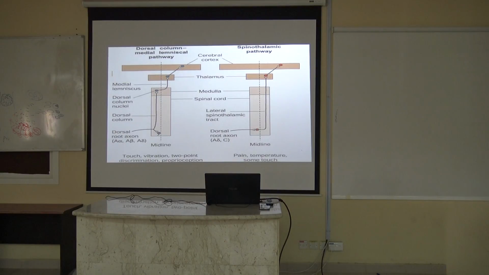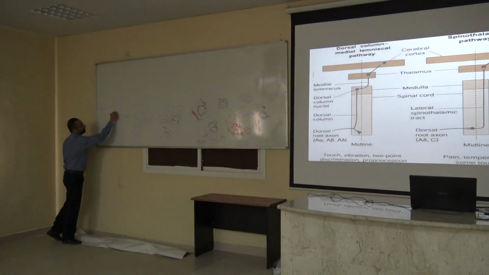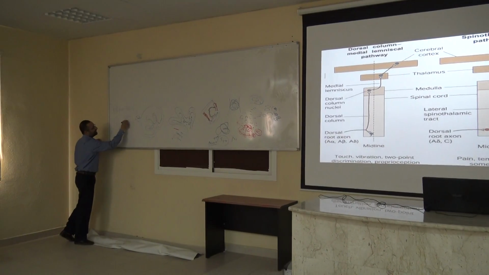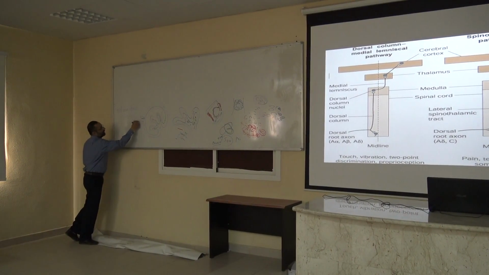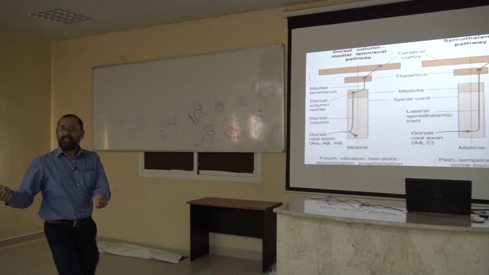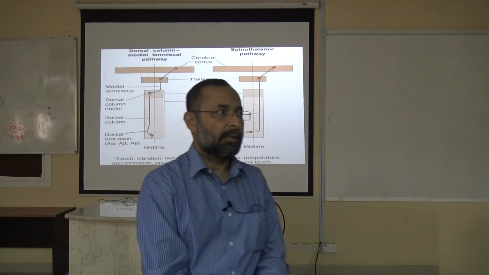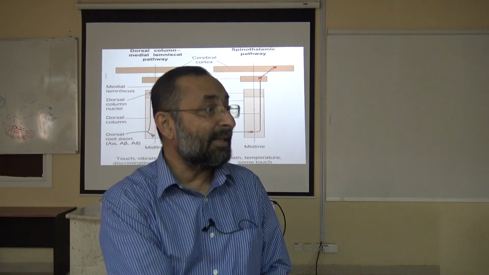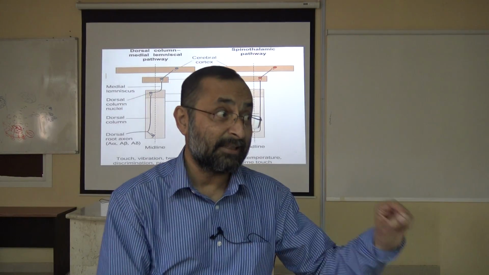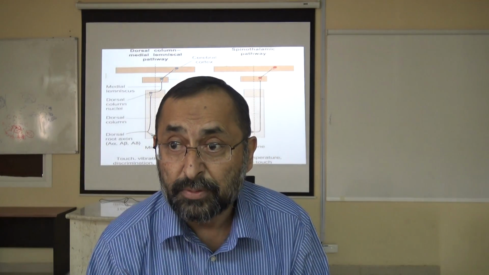Number one, A, tactile localization. You know the meaning of tactile localization. It means the ability to localize the touch, the brain's ability to perfectly, sharply localize the touch over the body. This is called tactile localization.